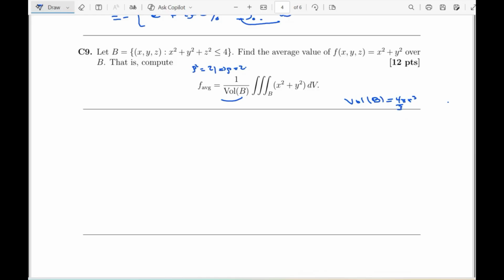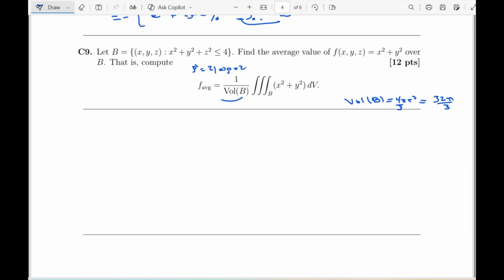In this case, r is the radius and it's 2. If you're very picky, you would have written rho here instead of r, but this is an abuse of notation. But anyway, r is 2. So if you compute this, this is 32 pi over 3.